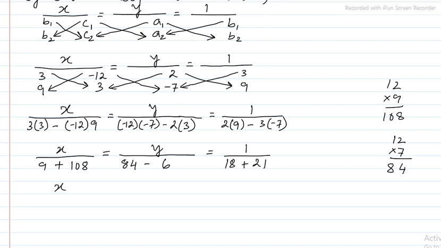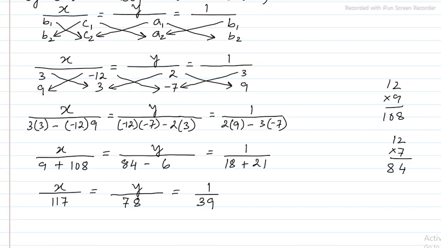So from here we are going to get 117, which is equal to y upon, now 84 minus 6 will be 78, which is equal to 1 upon 39.